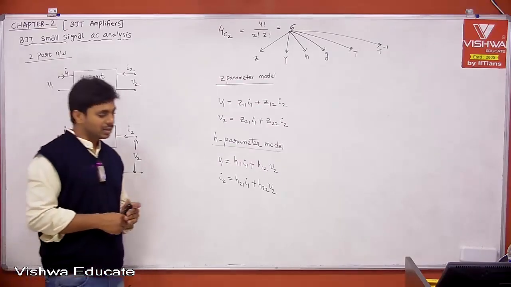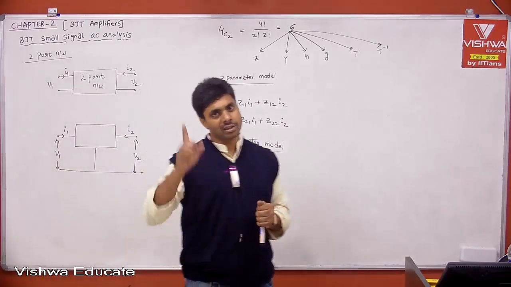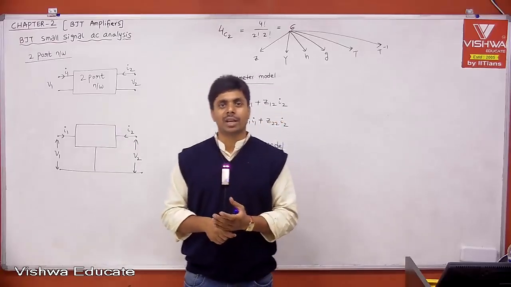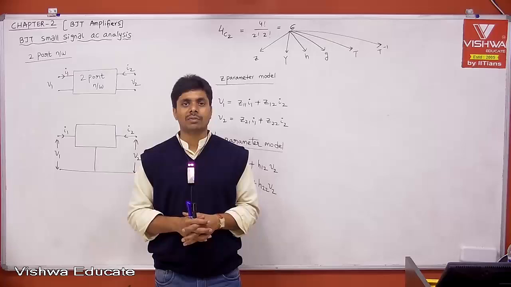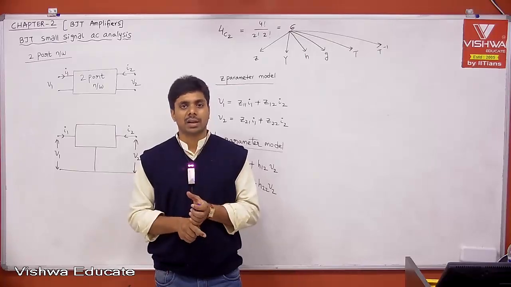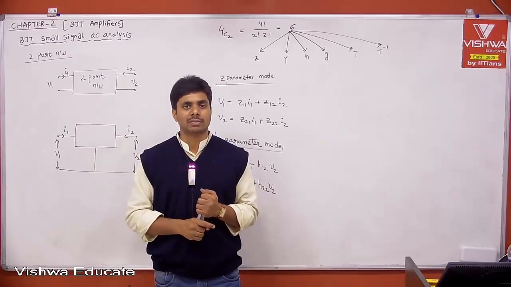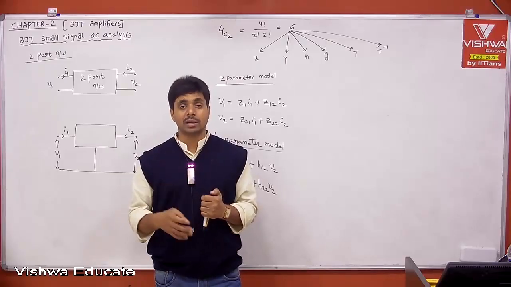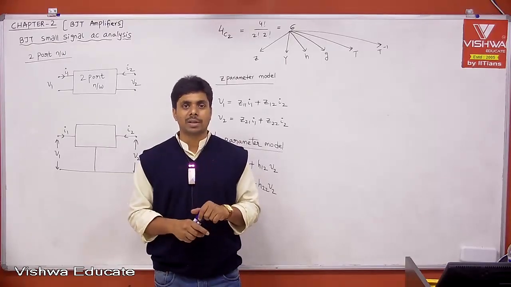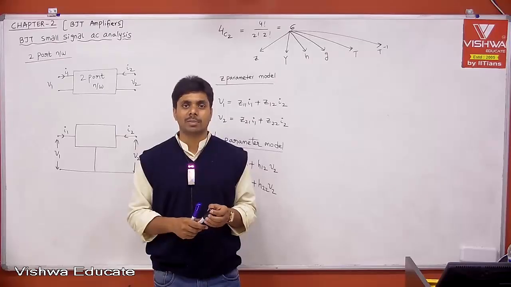See, for any amplifier, as I told in the introduction class, under AC analysis we are looking for some AC parameters. Out of 23 AC parameters with respect to an op amp, we are mainly concentrating on 4 parameters for BJT amplifiers and MOSFET amplifiers.